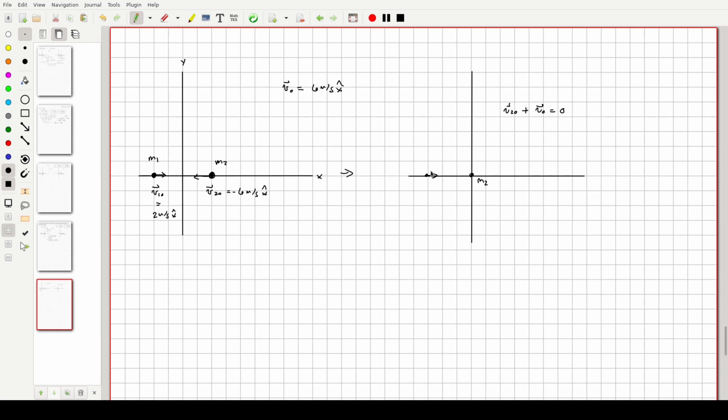And now M1 is moving with a velocity, I'll call it V1 naught new, of 2 meters per second x hat plus 6, or 8. So what you do is you work the problem in this frame. What we've done is we've changed frames of reference.